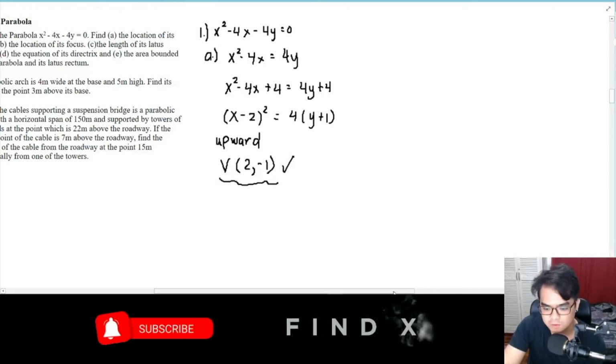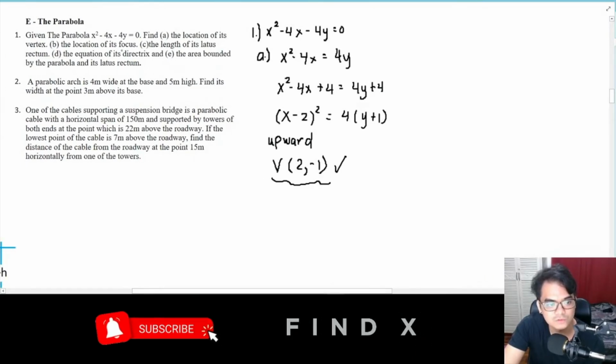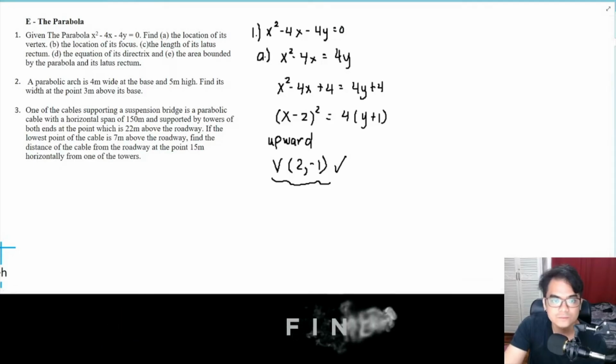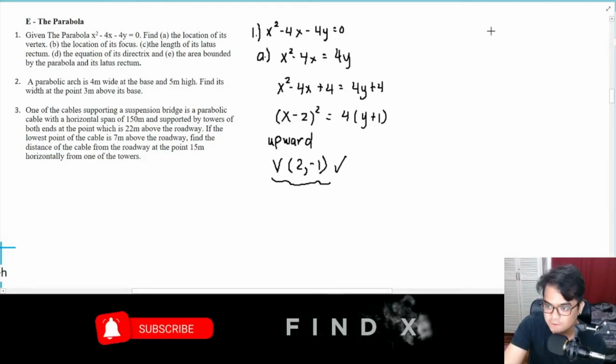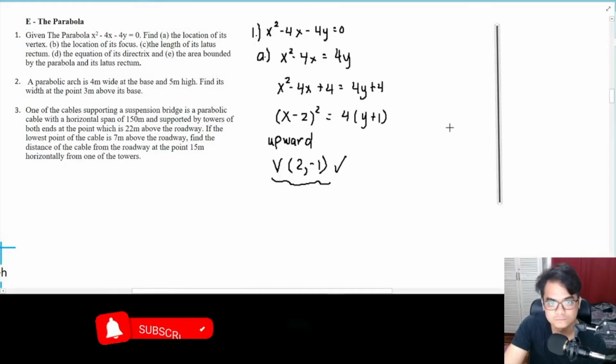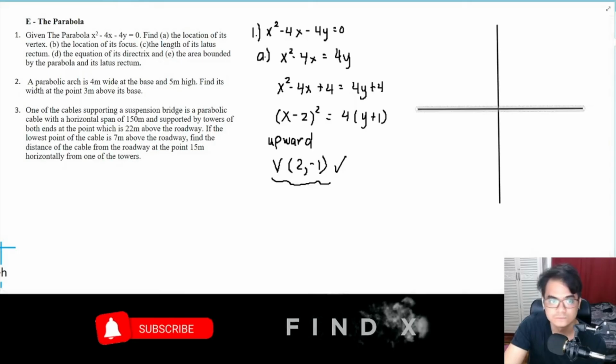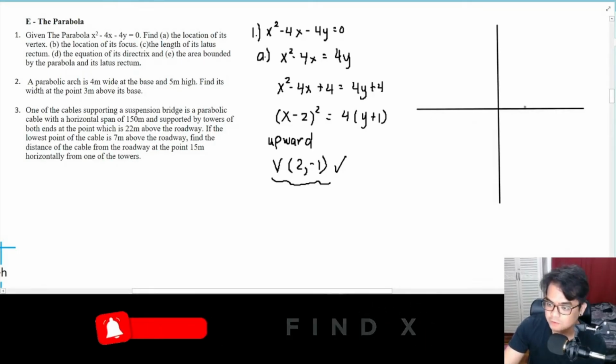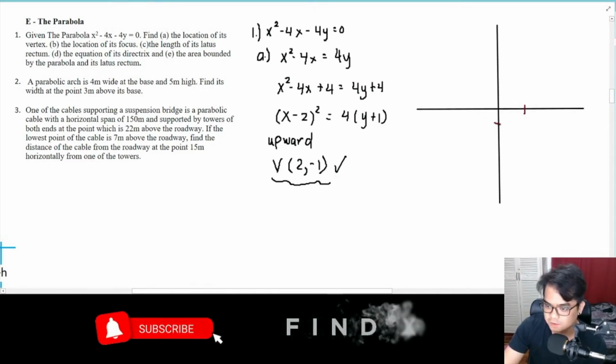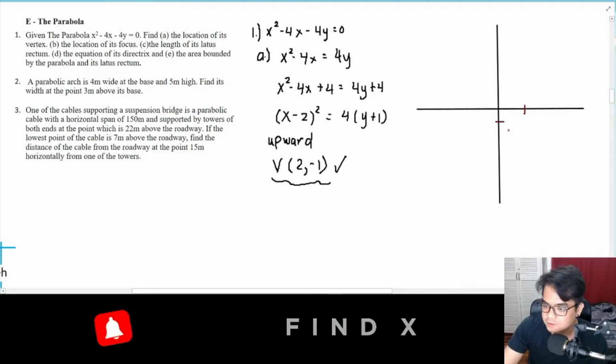What else is the question? So the location of its focus. So let's try to graph this one. So that's 2 and negative 1. So let's say this is 2 and this is negative 1.